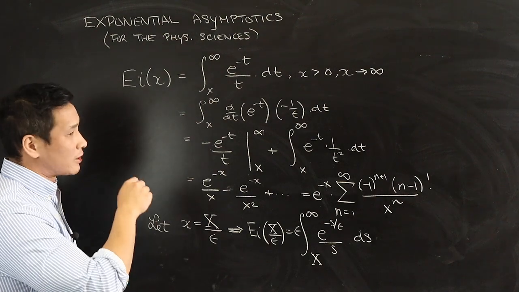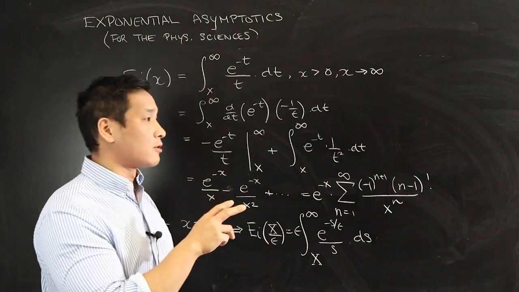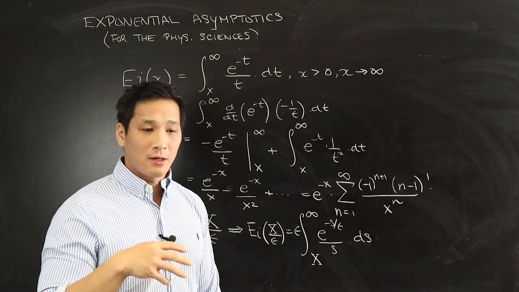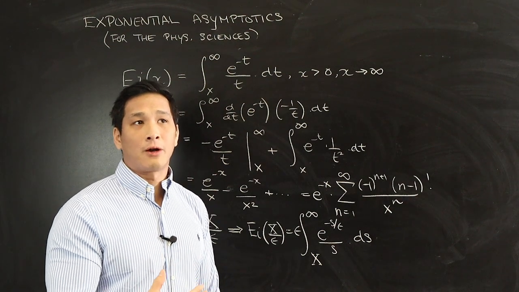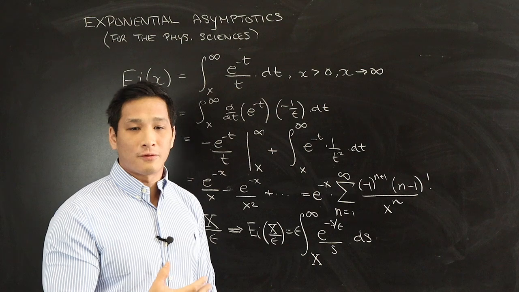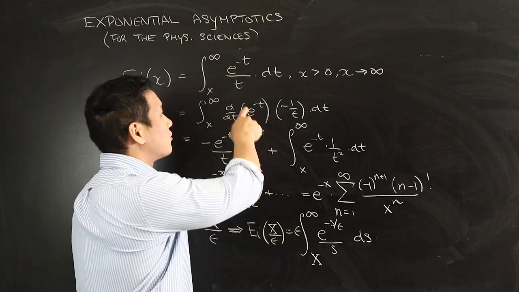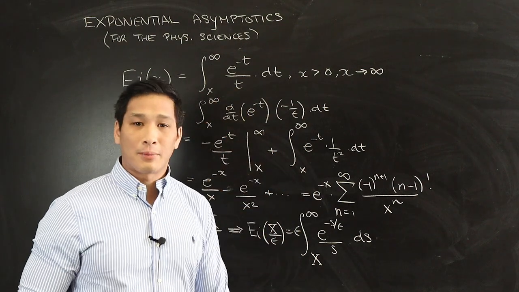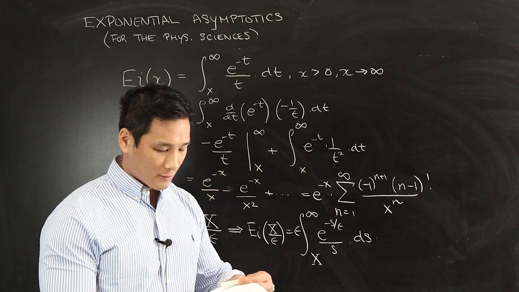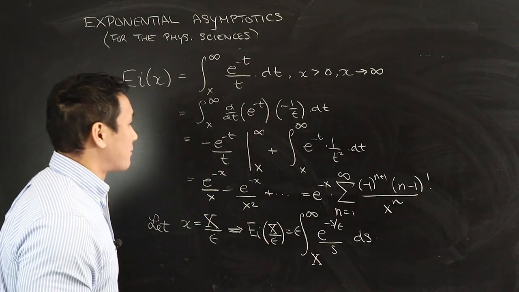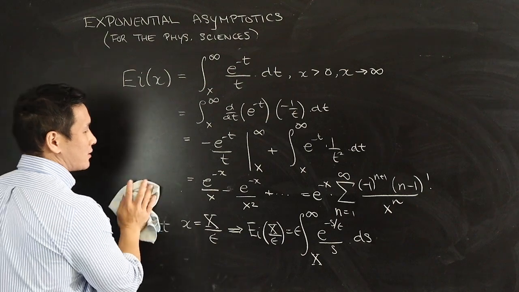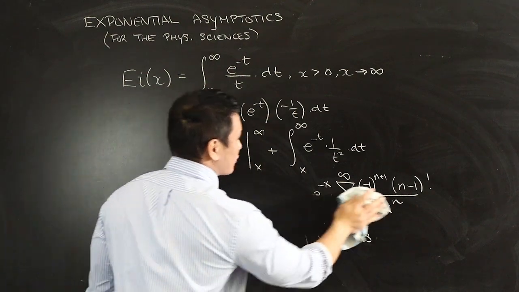So long story short, given an integral which you're attempting to approximate, integration by parts can sometimes work, and it's primarily going to work if the dominant contribution to the integral in the relevant limit happens near the endpoints. Okay? In the notes, I give you an example where you have to massage the function to get it into a form where you can do this integration by parts.